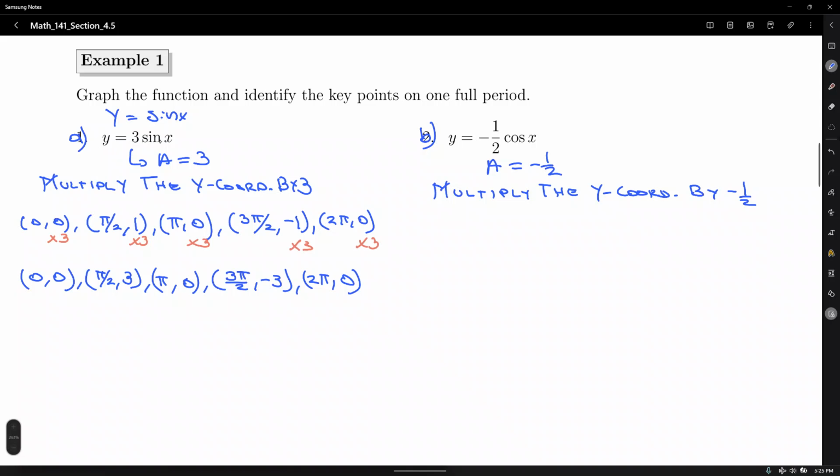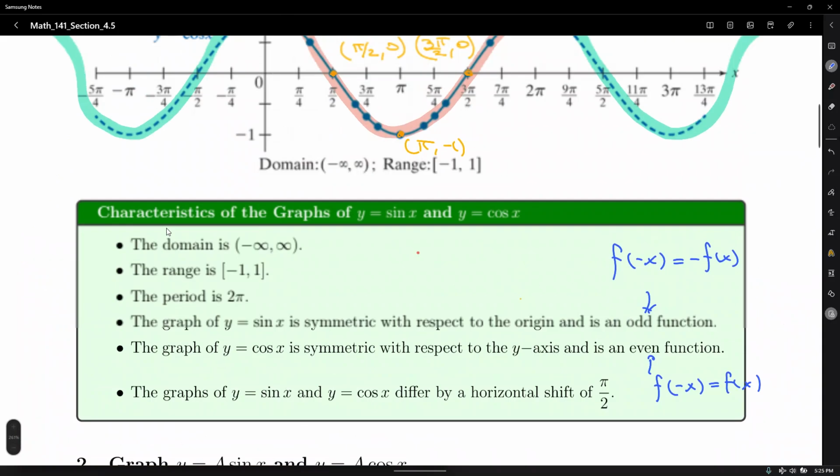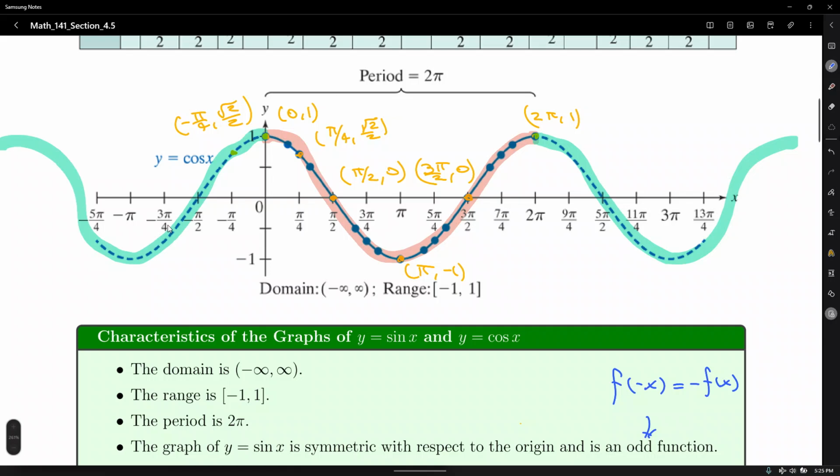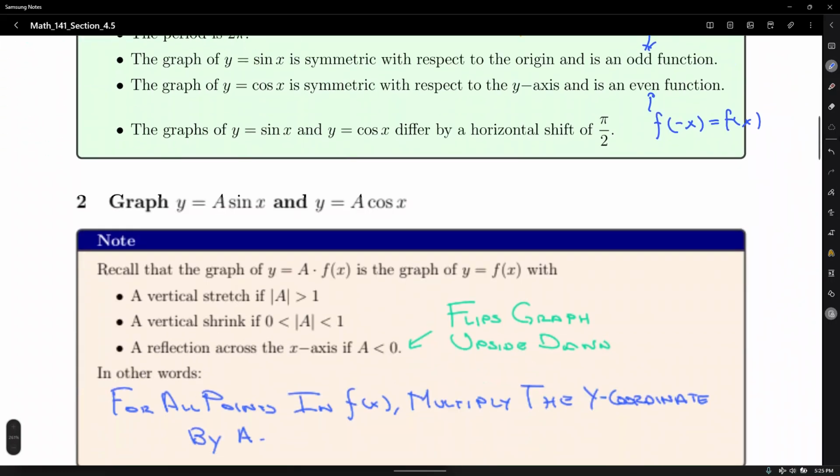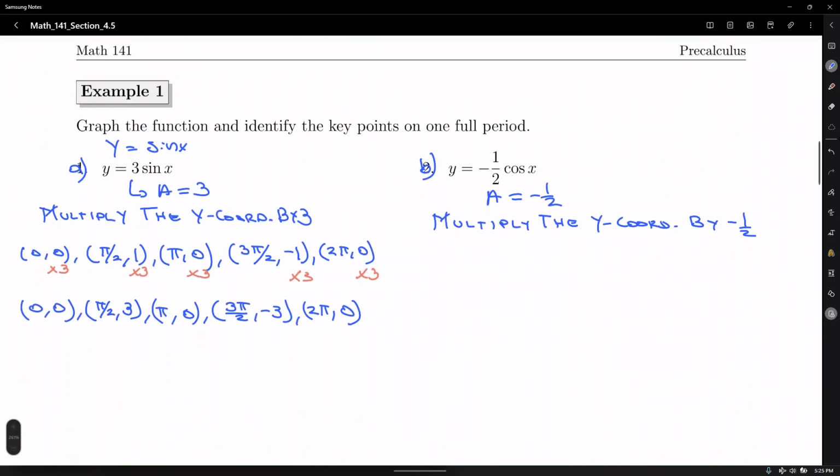In the previous example, letter A, we used the key points for the sine function. So let me go back and look for the key points for the cosine function. That is these values 0, 1, pi over 2, 0, pi, -1, 3 pi over 2, 0, and 2 pi, 1. Let me write down those key points.